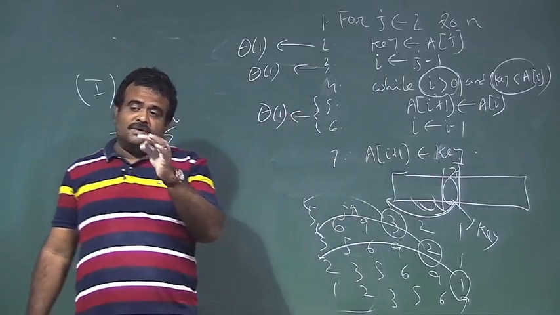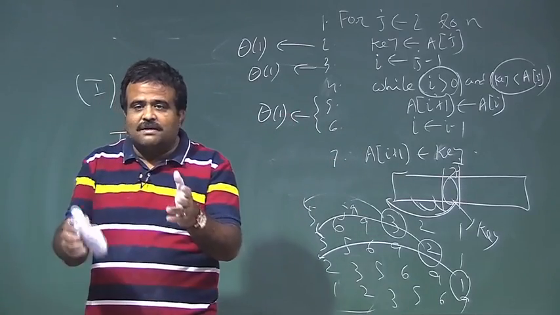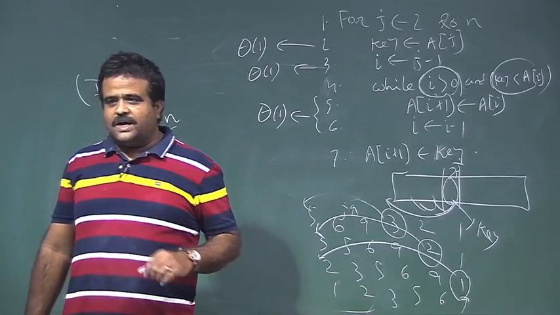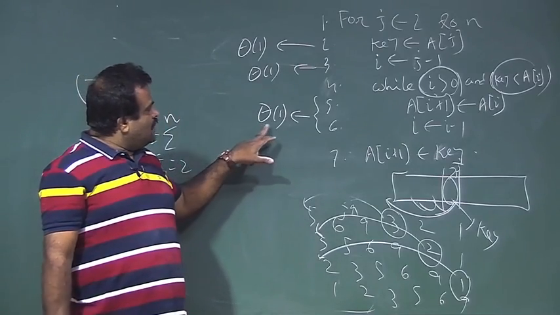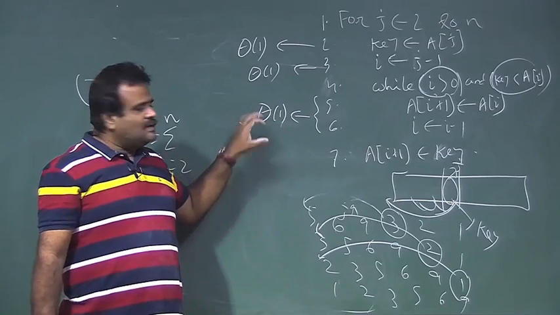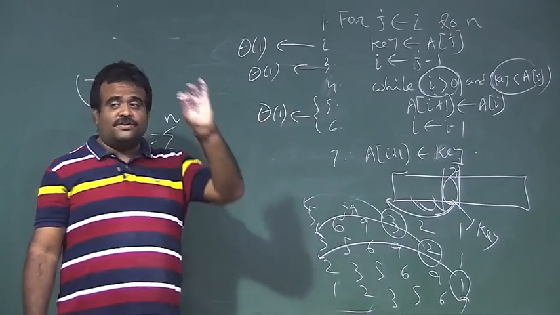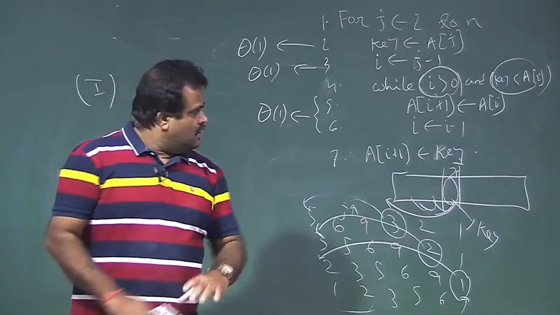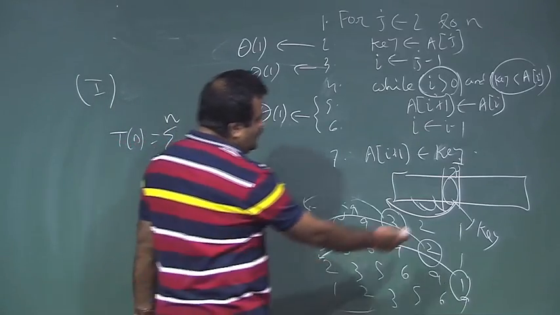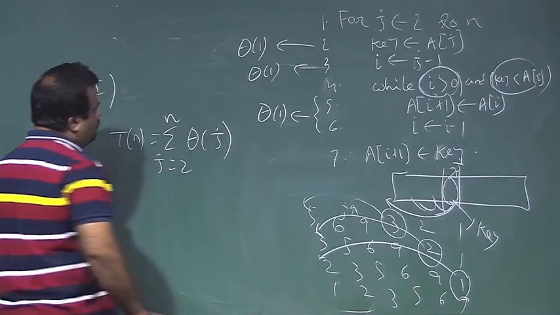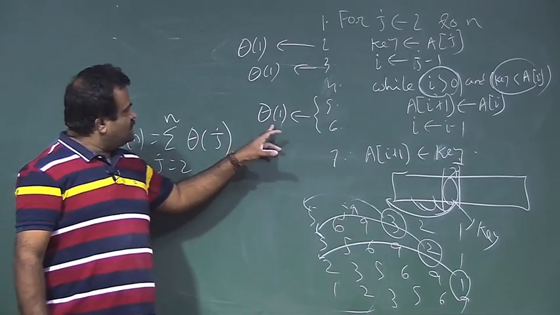A different machine will take different time, but we do not bother about that. We will just think that this takes some constant time c, not related to n. So, it is basically theta of j, because it is j times theta of 1.